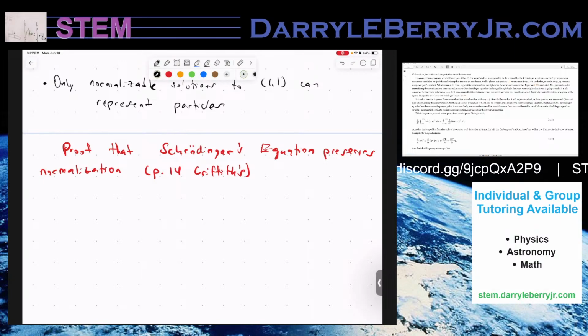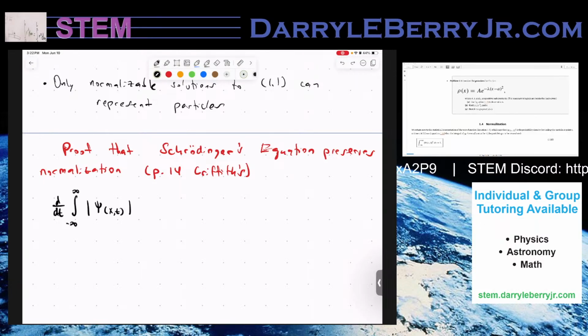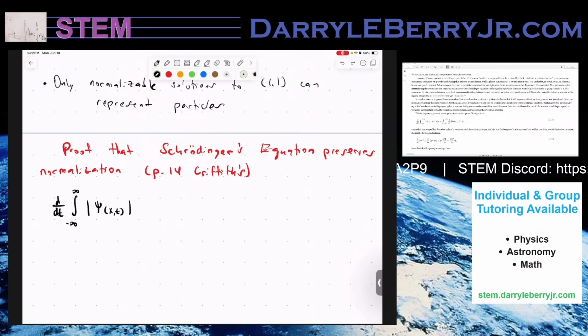All right, so the first line says d over dt of the integral from negative infinity to infinity of our probability density. Notice they have one line, but I'm sure that's not the absolute value, that's the magnitude, squared.